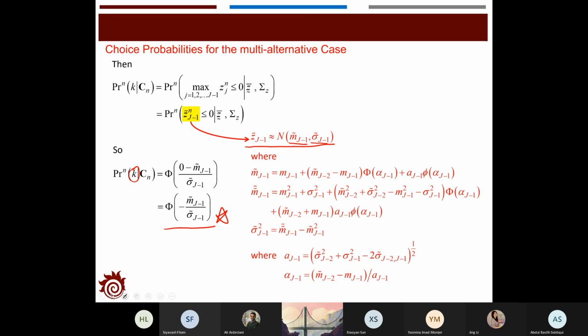As I said, in the previous pages I showed the steps, but you don't need to know how the whole solution and conclusion are derived. For the probability model, you just need to remember this equation to calculate the probability. But regarding the values mj and sigma j, you need to know how to do these iterations to get the result.